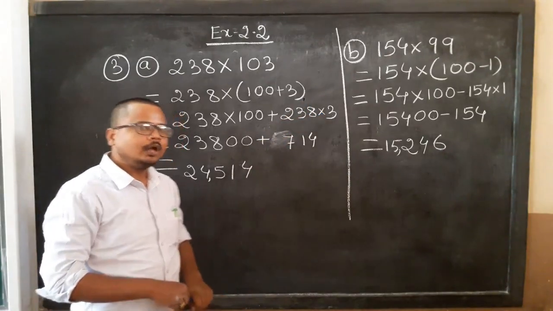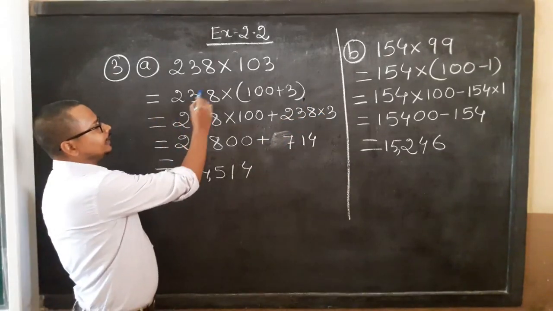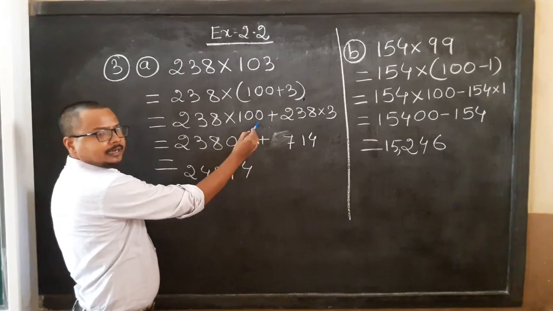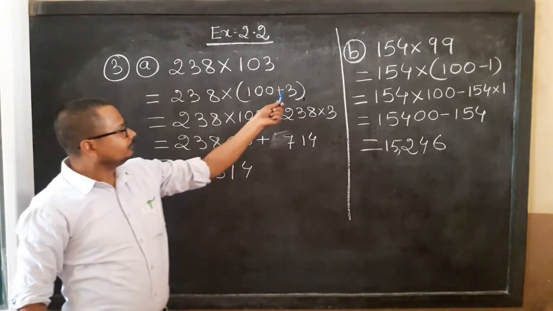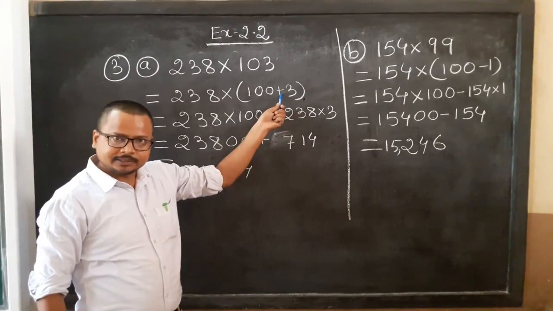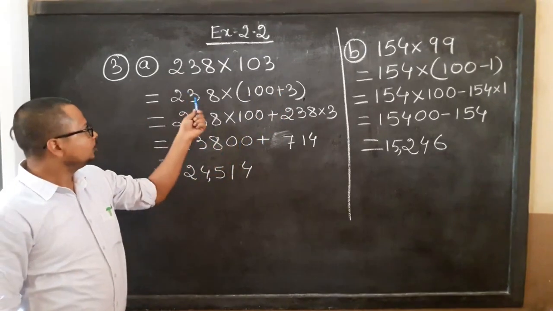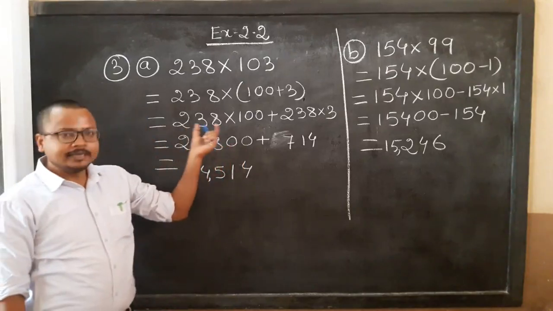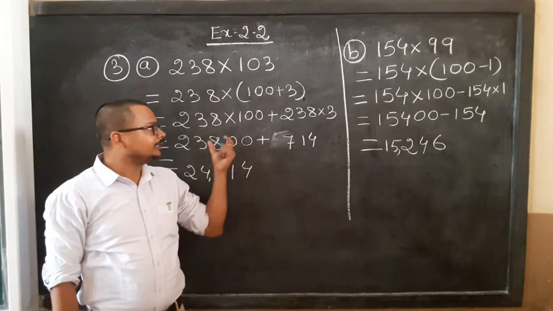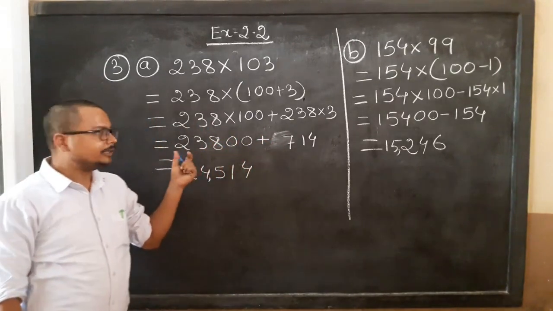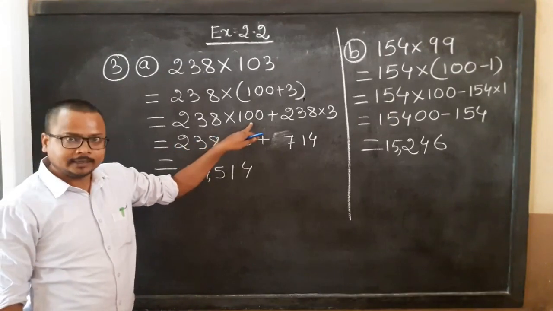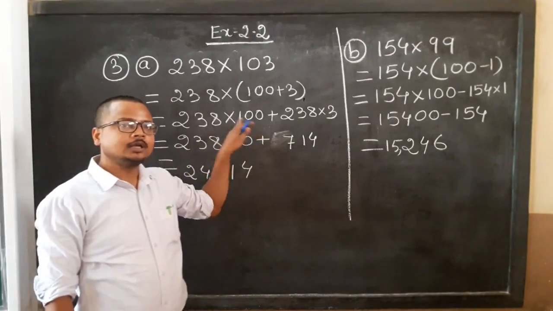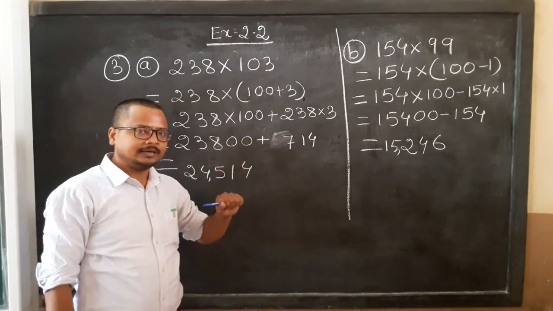Now we will multiply 238 into 100 as you can see here, as well as we will give the plus sign as it is given plus here, and again we will multiply 238 into 3. Okay, now it will be easier for us to multiply these small numbers, or as you can see this is a multiple of 10, so it will be easier for us to solve this type of multiplication.